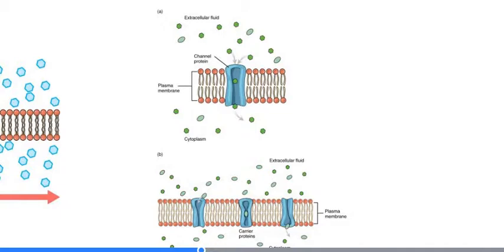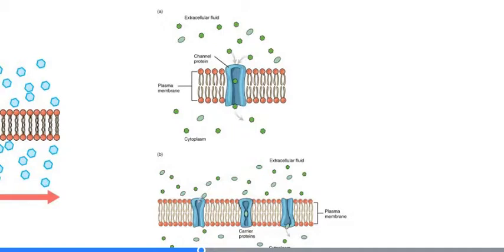Now, proteins, because of how they're made with amino acids, can be tailored to fit into the membrane. The outer surface of the channel, as it's passing through that hydrophobic region, is also going to be hydrophobic. The inner surface of the pore is going to be hydrophilic, where the charged particle can pass through.